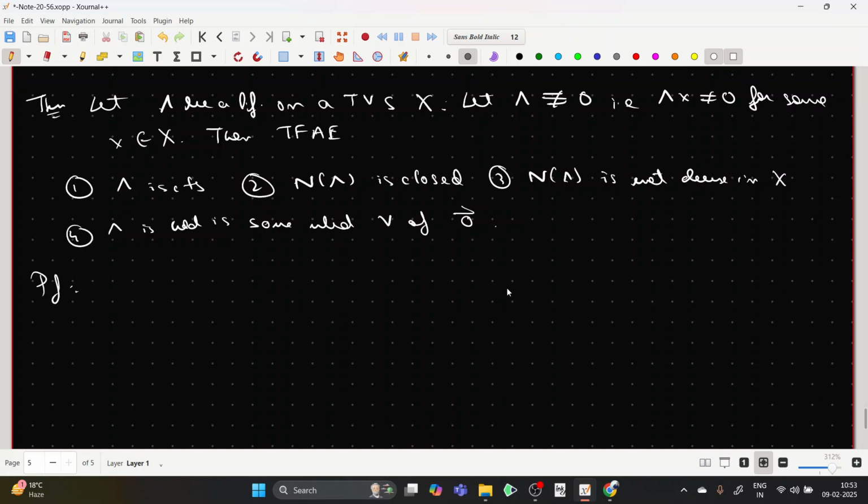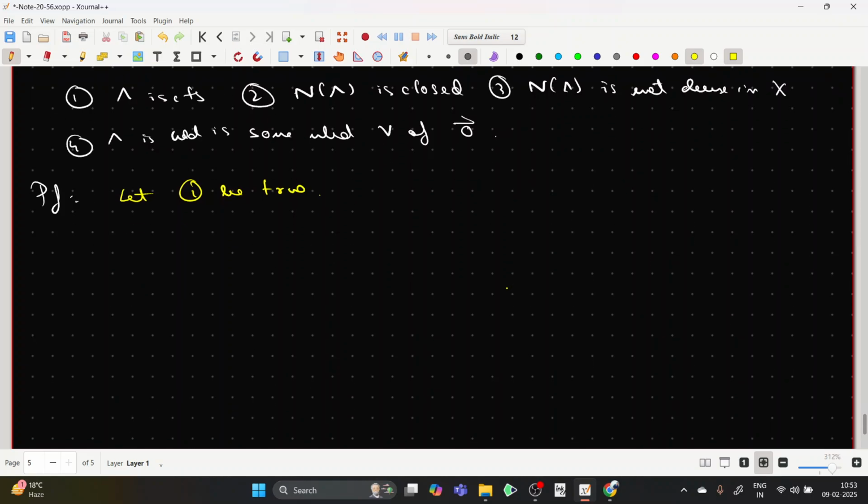Let us quickly prove this. So, first let 1 be true. If lambda is continuous, now since X is a topological vector space, and the field itself you can think of as a topological vector space, or at least think of the usual topology on the fields, the reals and the complex.